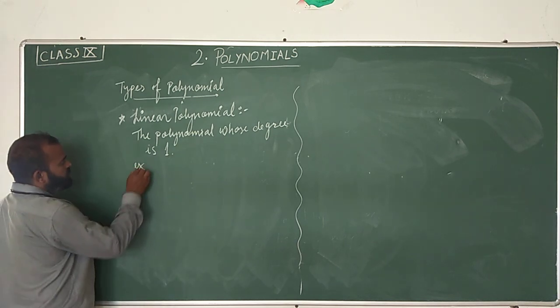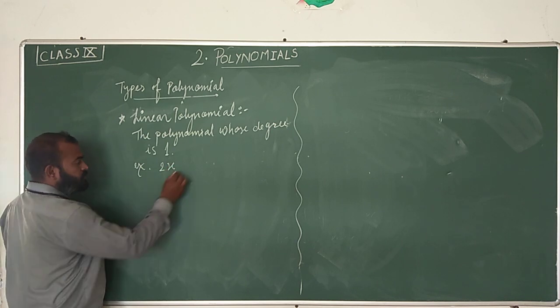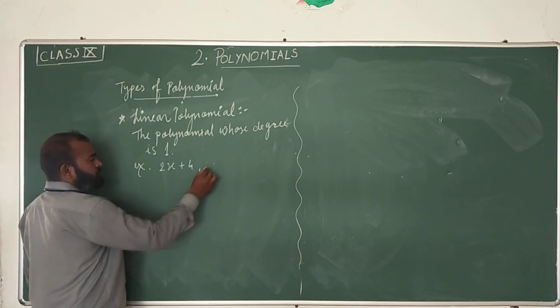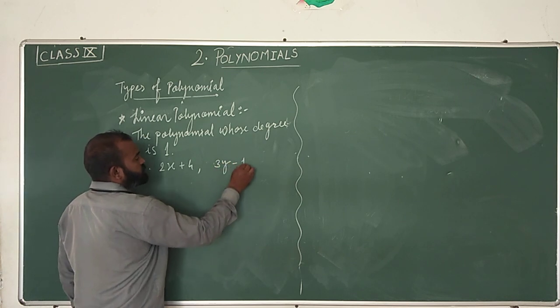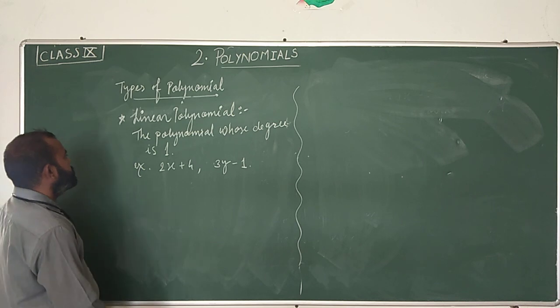If you are told to give examples, many examples are 2x plus 4, 3y minus 1. So these are all the examples of linear polynomial.